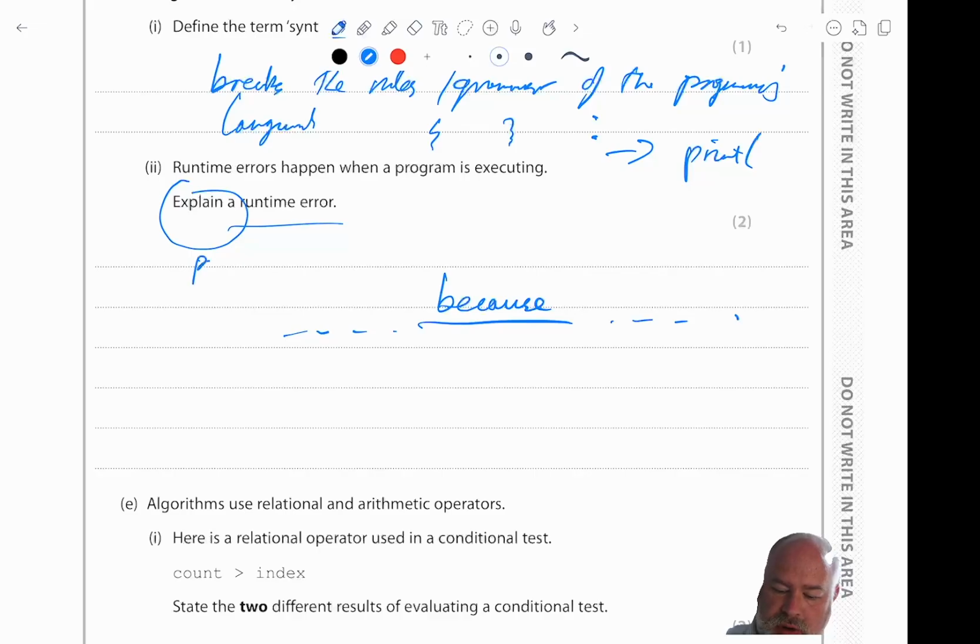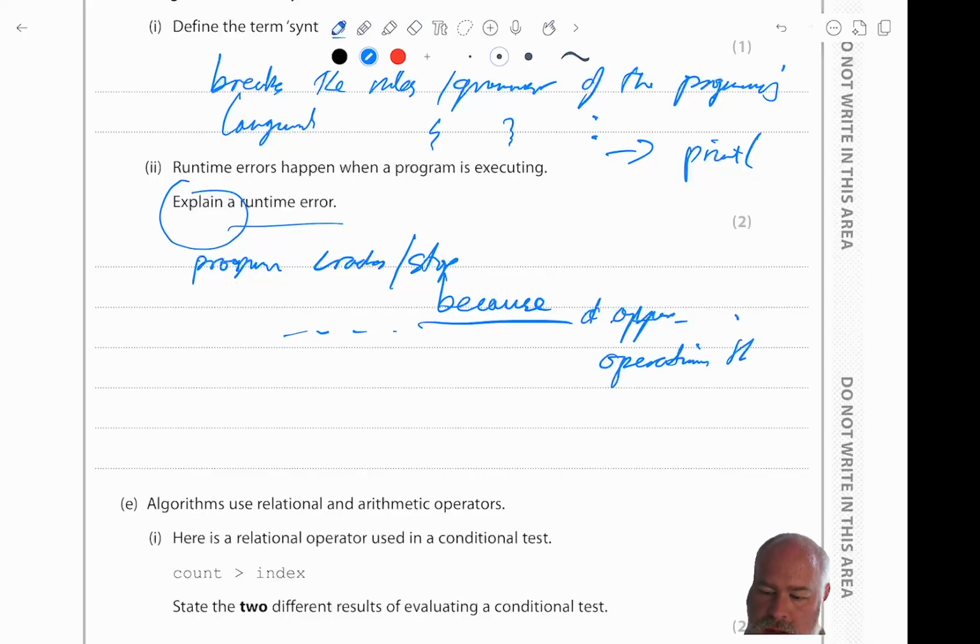So you can say the program crashes or stops because an operation the computer is asked to do is not possible. That's the best option there.